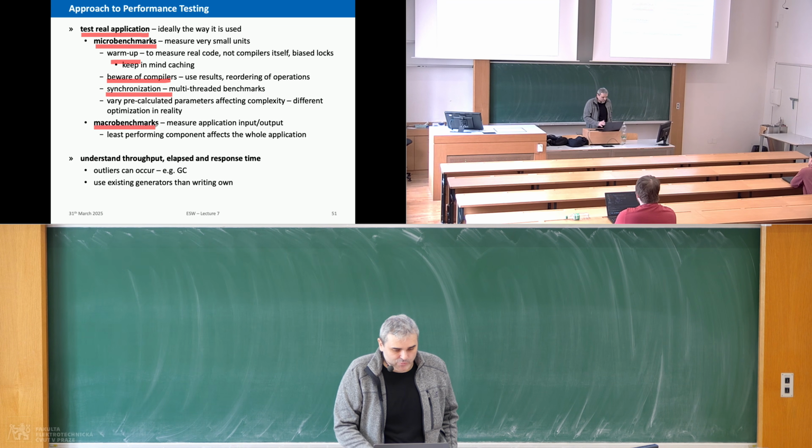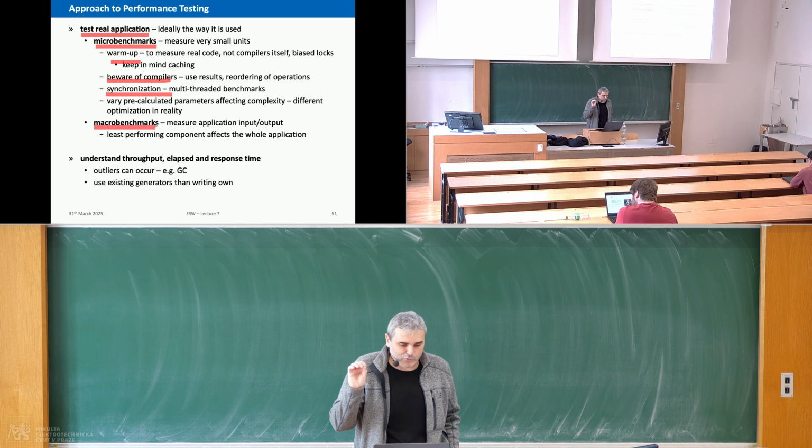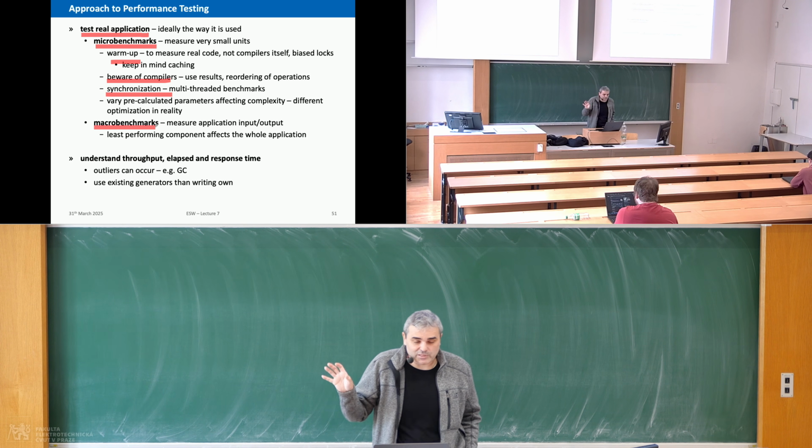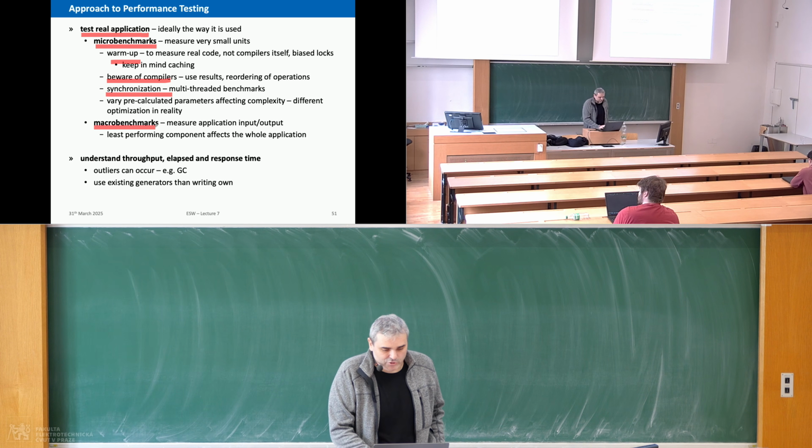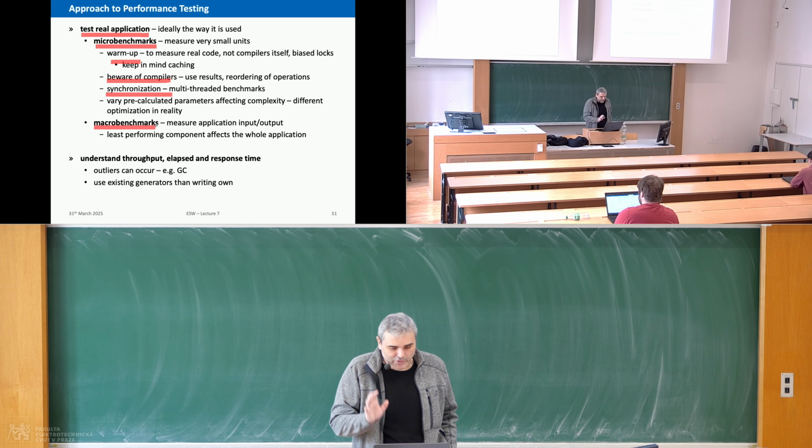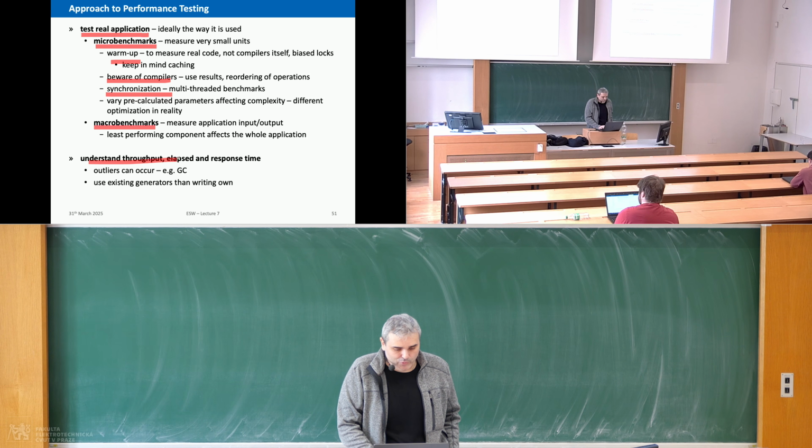On the other hand, macro benchmarks measure at the level of the application or module, at the input and output level, not focusing on single units or simple pieces of your application, just measuring everything, the whole application. And you also have to understand throughput, elapsed, and response times.